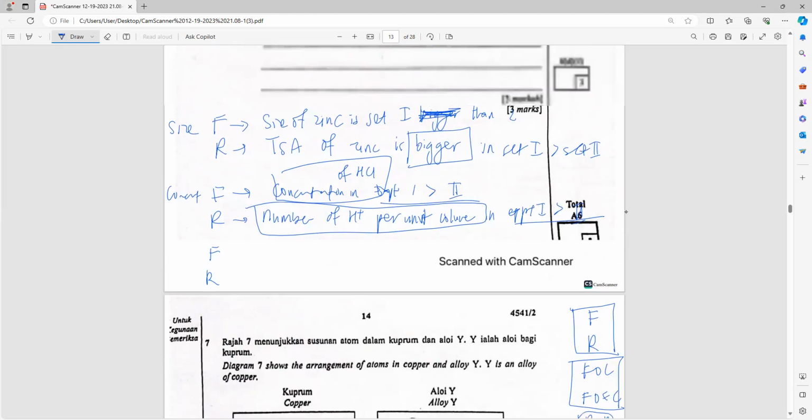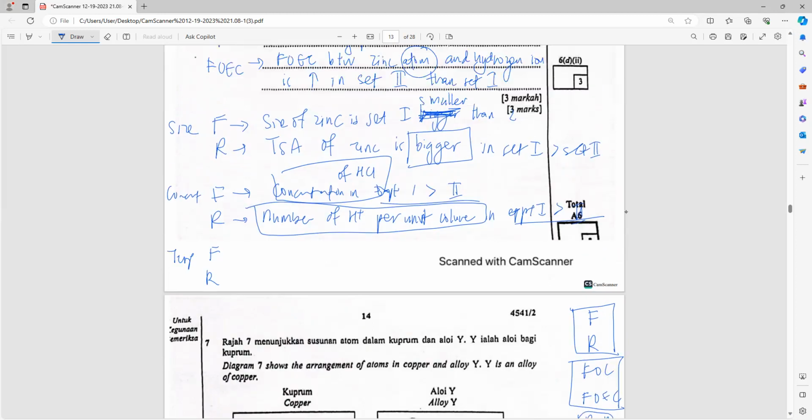If teacher is doing temperature, let's say I say my temperature in experiment 1 is higher than experiment 2. Okay, what is my reasoning? What's my reasoning for temperature? Is it the particles collide more frequently?